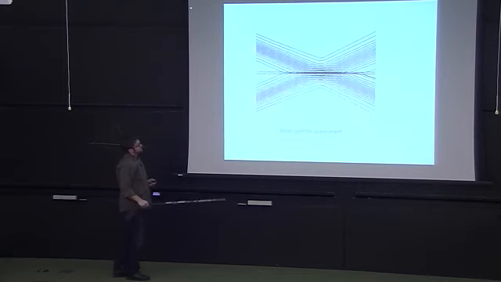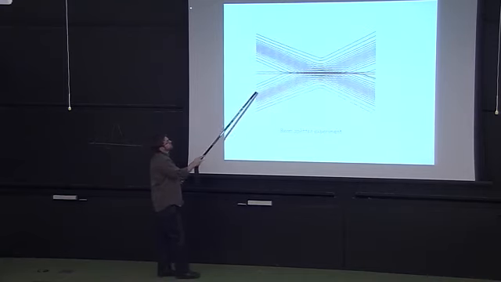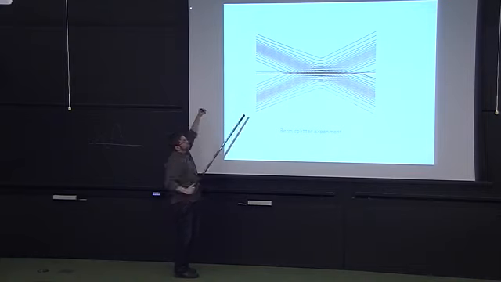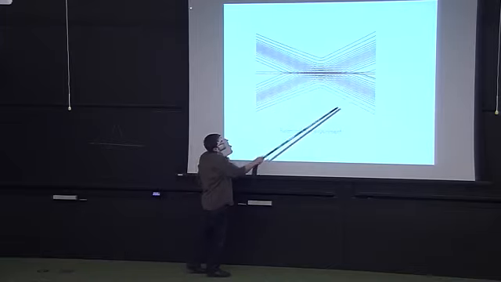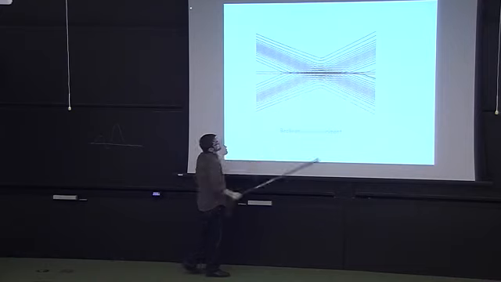Here's another example of this sort of thing. This is basically a beam splitter where one particle, which is in a superposition of a Gaussian wave packet here and here, is impinging upon this beam splitter. And the wave functions then get reflected and transmitted.